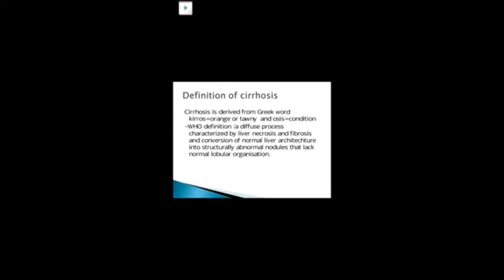Derived from Greek word kyros meaning orange or tawny, and osis, the condition. WHO definition: a diffuse process characterized by liver necrosis and fibrosis and conversion of normal liver architecture into structurally abnormal nodules that lack normal lobular organization.